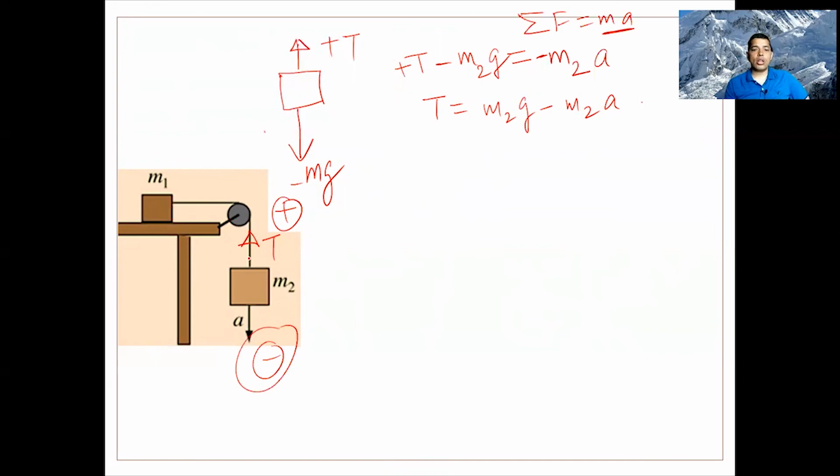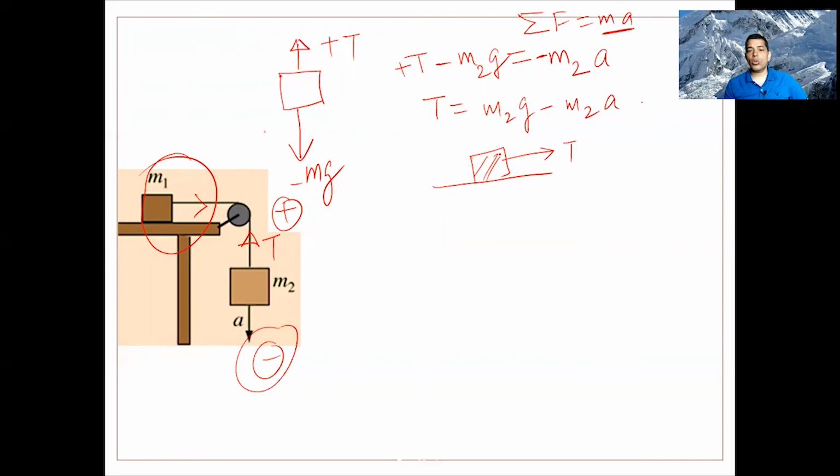Now let's cut this guy free here. Cut it free, so meaning you have m1. You have tension here because this is connected by the rope, right? This is tension, and there is no force acting in the opposite direction because there is no friction. Remember, there is no friction.